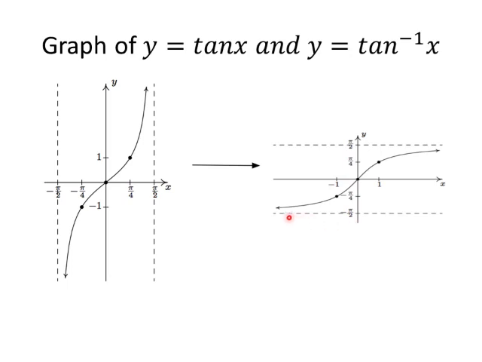And the curve is strictly increasing between minus pi by 2 comma pi by 2. In the tangent function we have the vertical asymptotes x equal to pi by 2 and x equal to minus pi by 2. In the inverse tangent function we have the horizontal asymptotes y equal to minus pi by 2 and y equal to pi by 2.